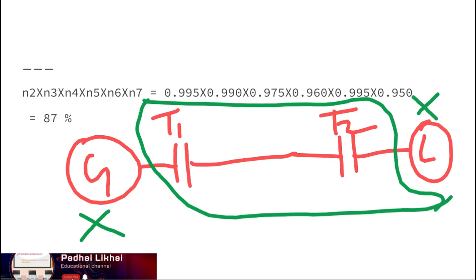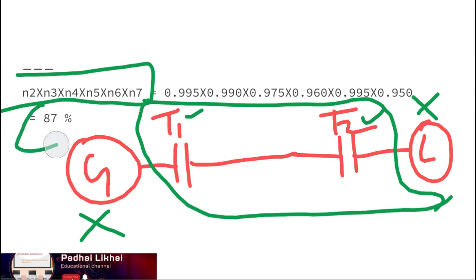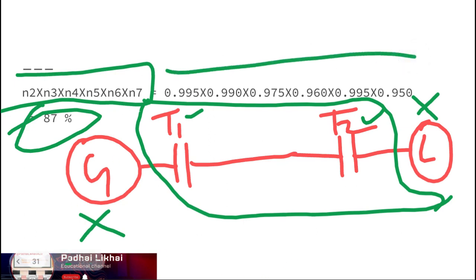It is only considering the efficiency of the step up transformer, the step down transformer, the transmission and distribution network. So eta 2 to eta 7 it is only assuming. That is the cascade efficiency, which will come around 87%. If you multiply all these, you will be getting 0.87. If you multiply that with 100, you will be getting 87%.